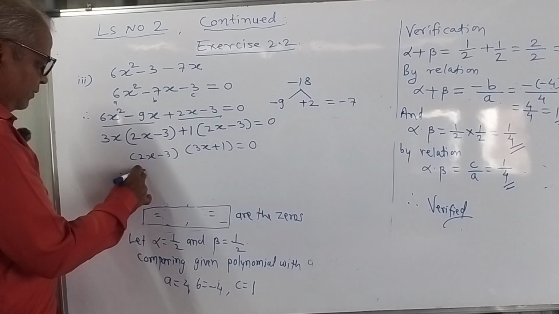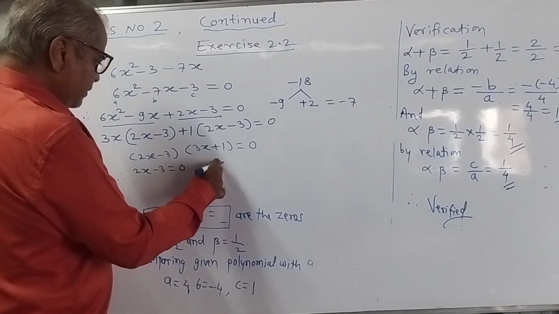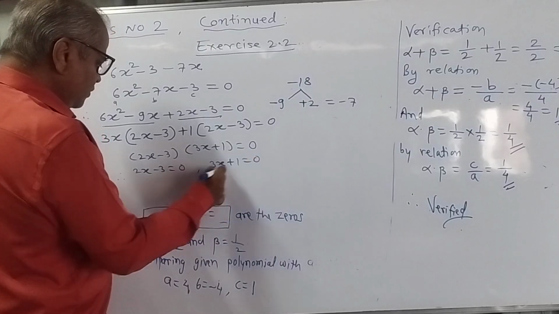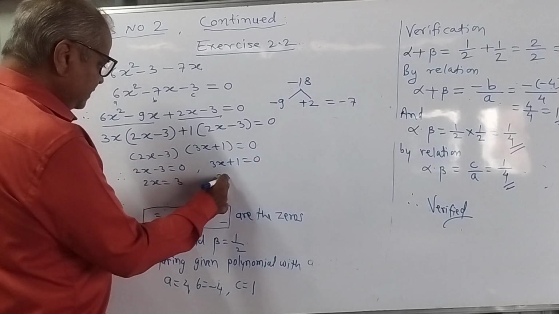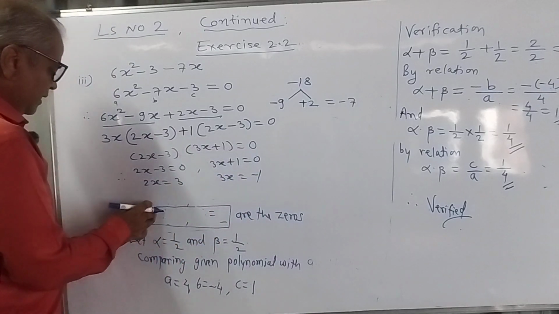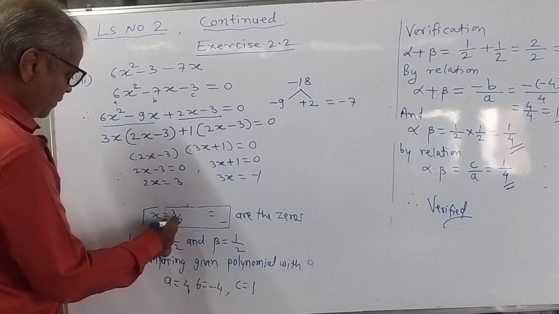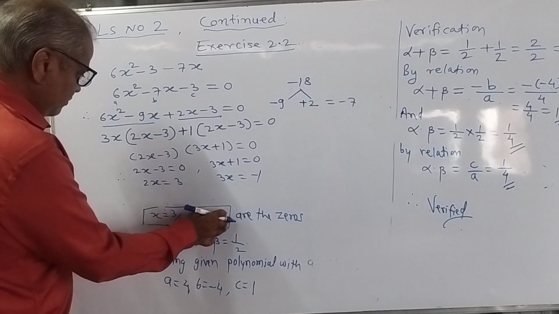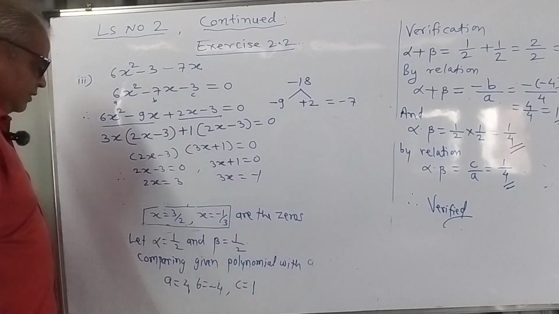Therefore 2x minus 3 is equal to 0, 3x plus 1 is equal to 0, 2x is equal to 3, 3x is equal to minus 1. Therefore x is equal to 3 upon 2 and x is equal to minus 1 upon 3 are the zeros.